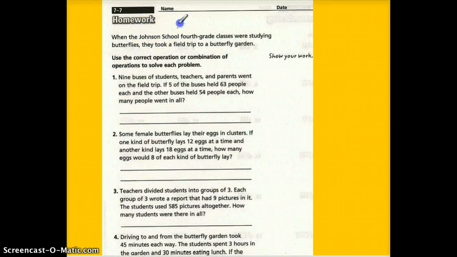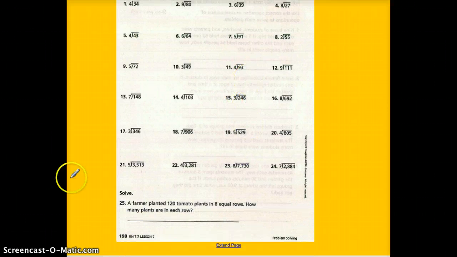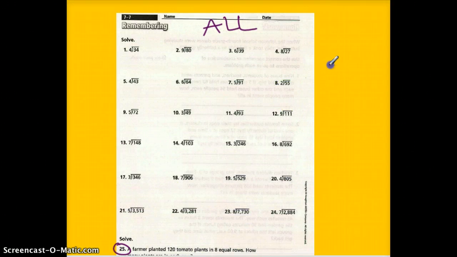You're doing all on the front, and on the back we are also doing all for that. Don't forget number 25, which is a word problem for division. As soon as you're finished, you're working on IXL.